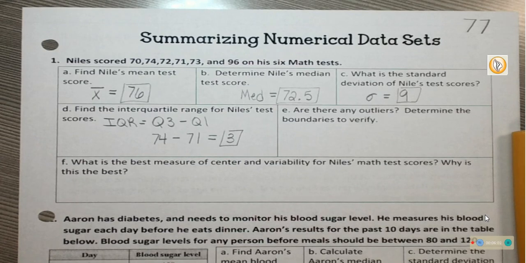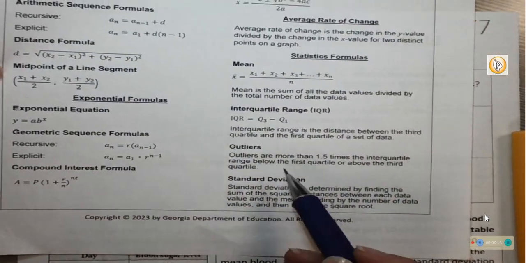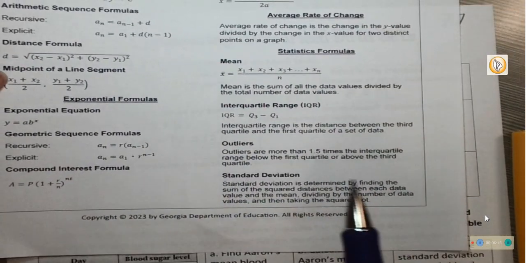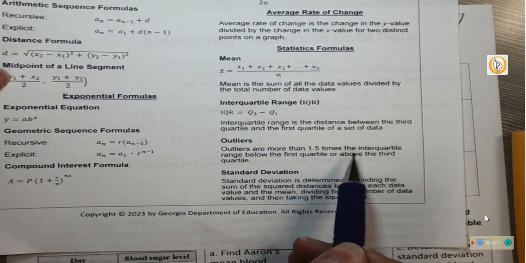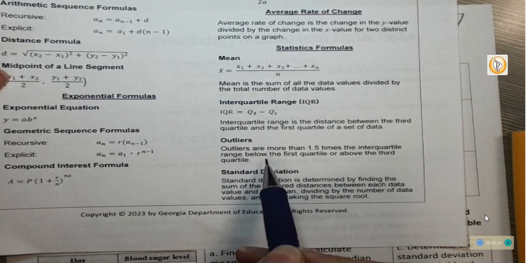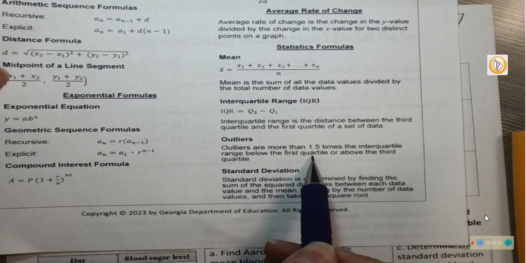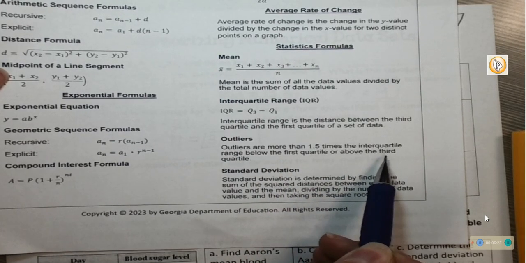So if you do have an outlier, you use the median, because the median is the middle, no matter if the highest score is 96 or if the highest score is 75. All right? So I've got to find out if there are outliers. Well, on my formula sheet, it says outliers are more than 1.5 times the interquartile range below the first quartile or above the third quartile.